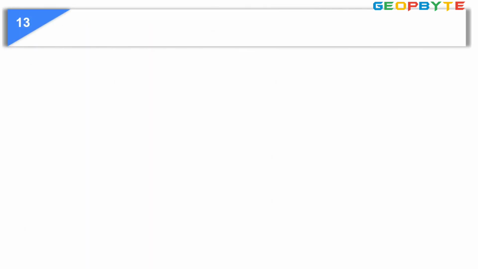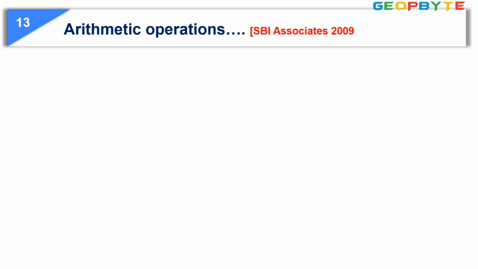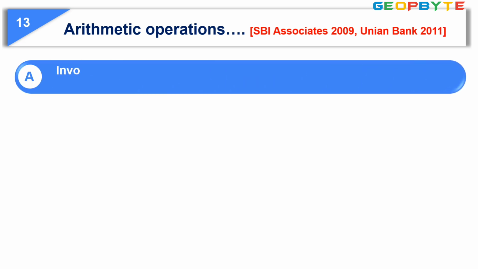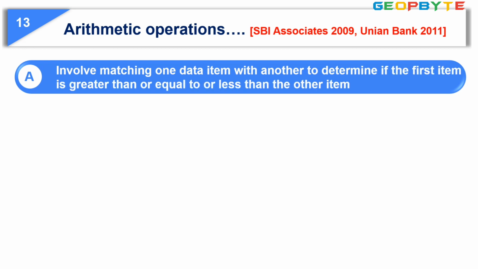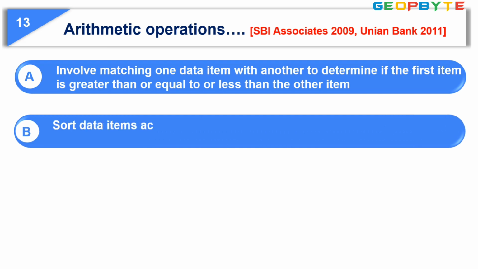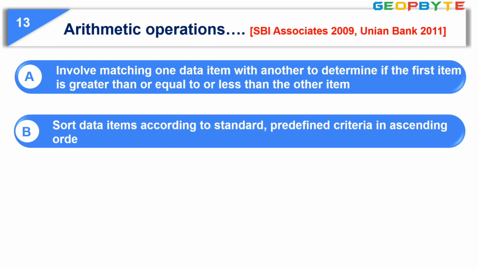Next, moving to question number 13. Arithmetic operations: option A involves matching one data item with another to determine if the first item is greater than, equal to, or less than the other item. Option B sorts data items according to standard, predefined criteria in ascending or descending order.